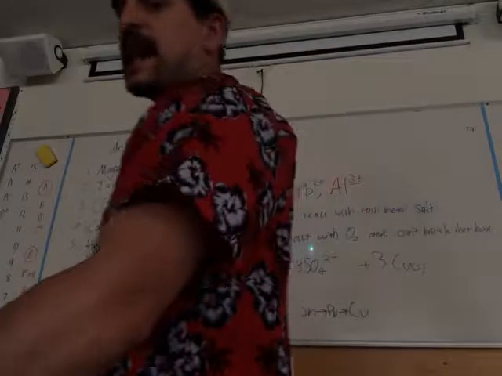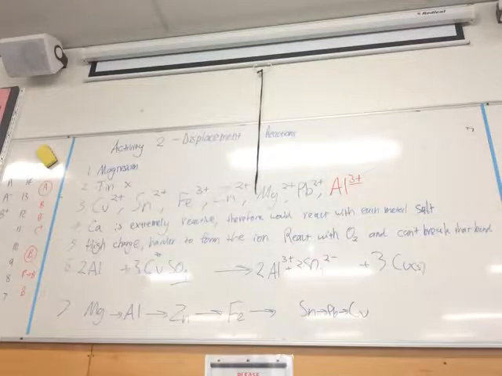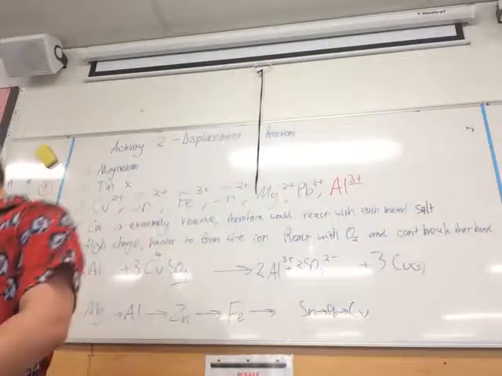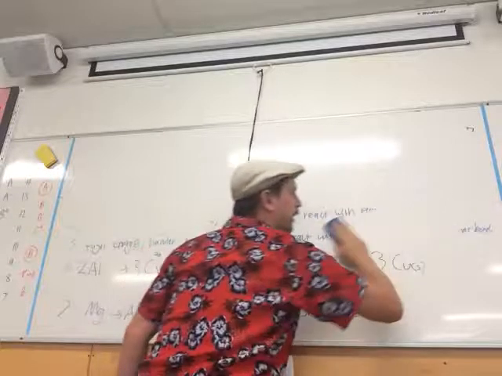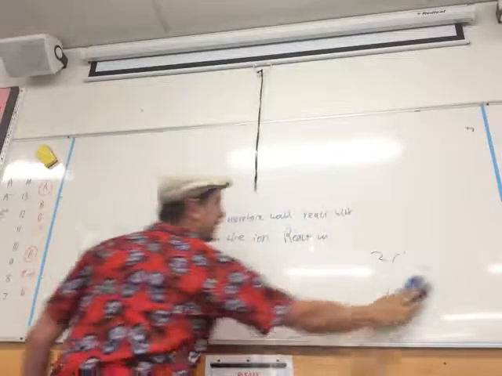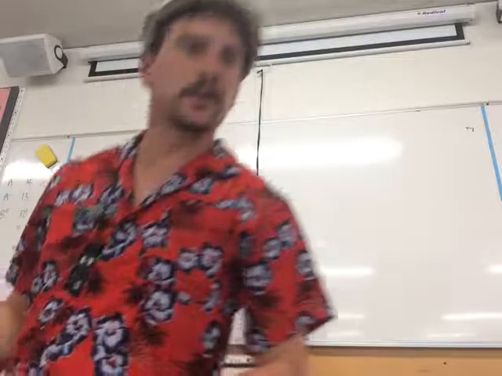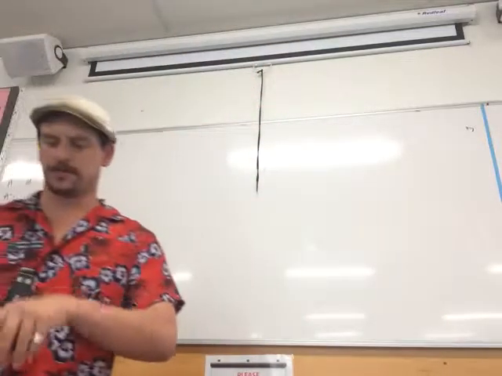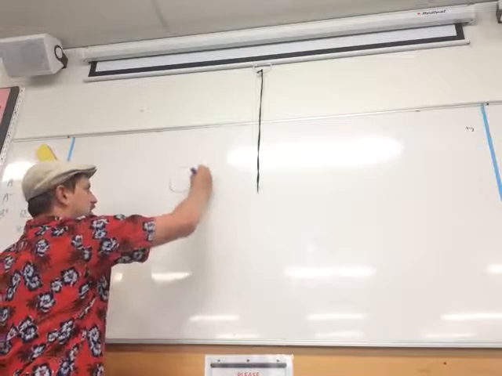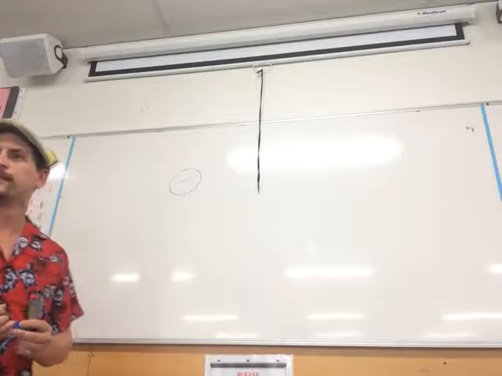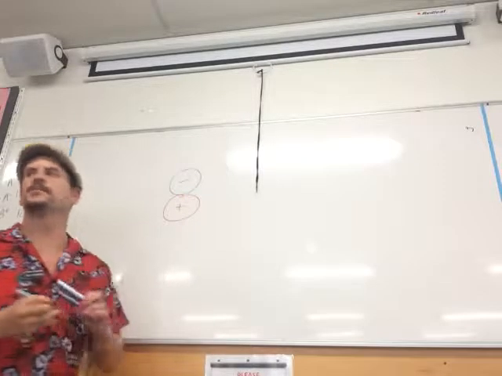And I want to draw an ionic lattice. Now, say you had sodium and chlorine. Or to put it more specifically, you're going to form sodium and chloride ions. Your chlorine is going to be a negative, and it's going to attract a sodium of a positive charge.